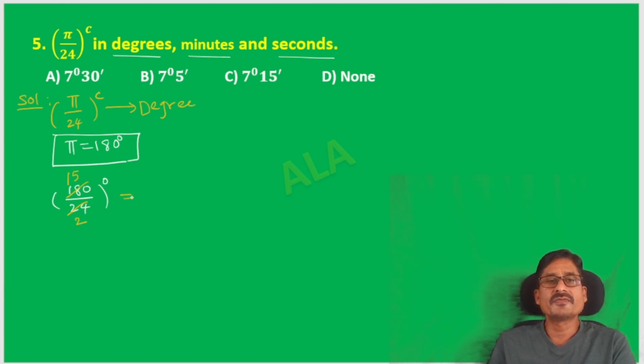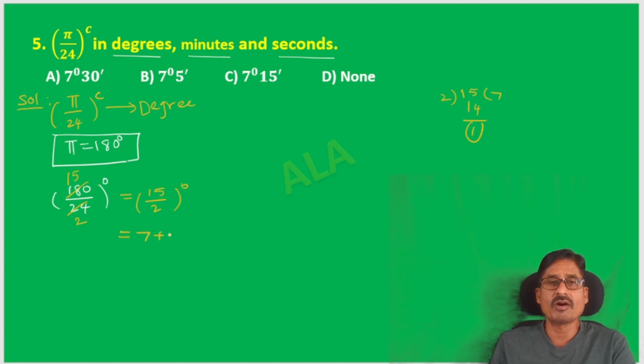Now that is 15 by 2 degrees. That 15 divided by 2, what will you get? 2 7s 14. Now 1 is remainder. We write like this, that is 7.5 degrees.